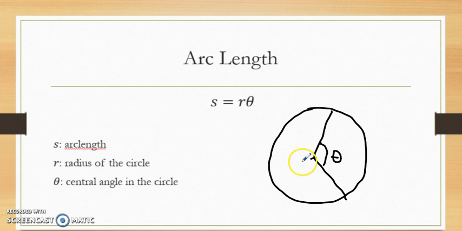The length of either of these lines, because both of them go from the center of the circle to the side, is of course the radius, and then the distance going around the outside is the arc. For the arc that we just drew, that length is what we call S. So S is the arc length around the outside of the circle, R is the radius of the circle, and theta is the central angle.